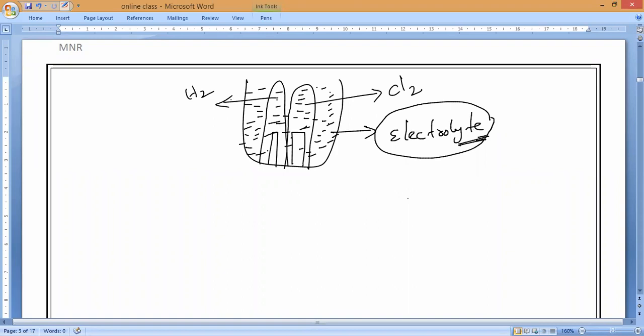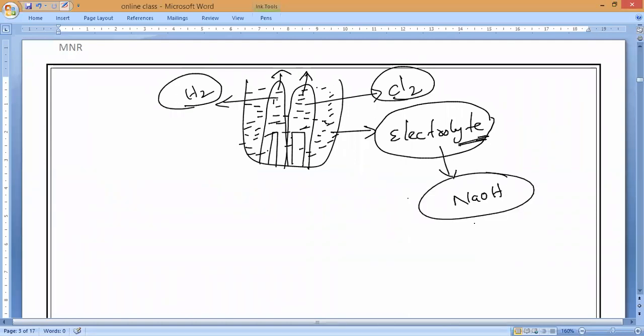So, once hydrogen and chlorine gases are formed and collected in these containers, this electrolyte turns into NaOH, that is sodium hydroxide. Do you understand, everybody?